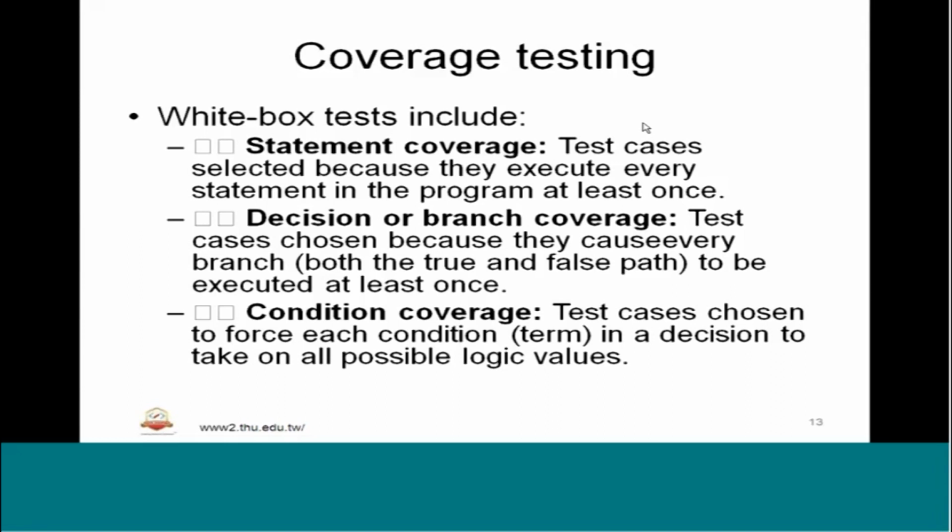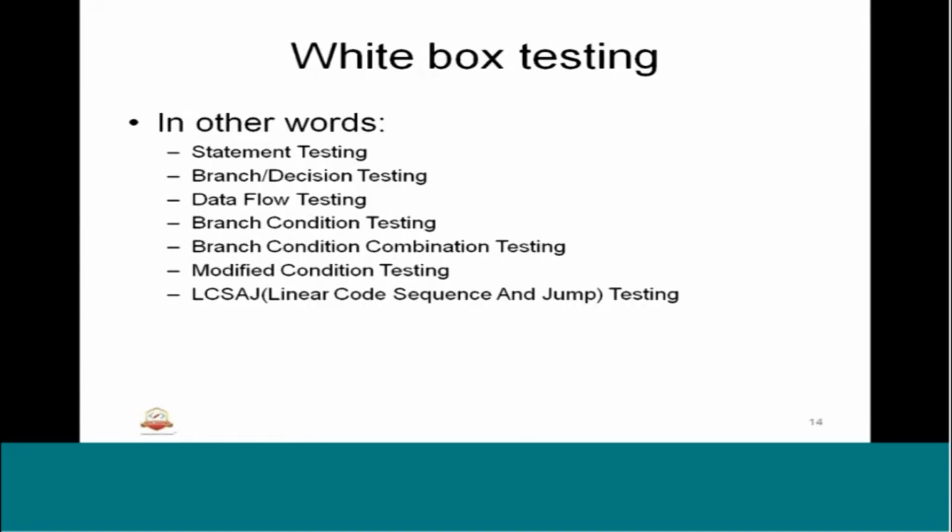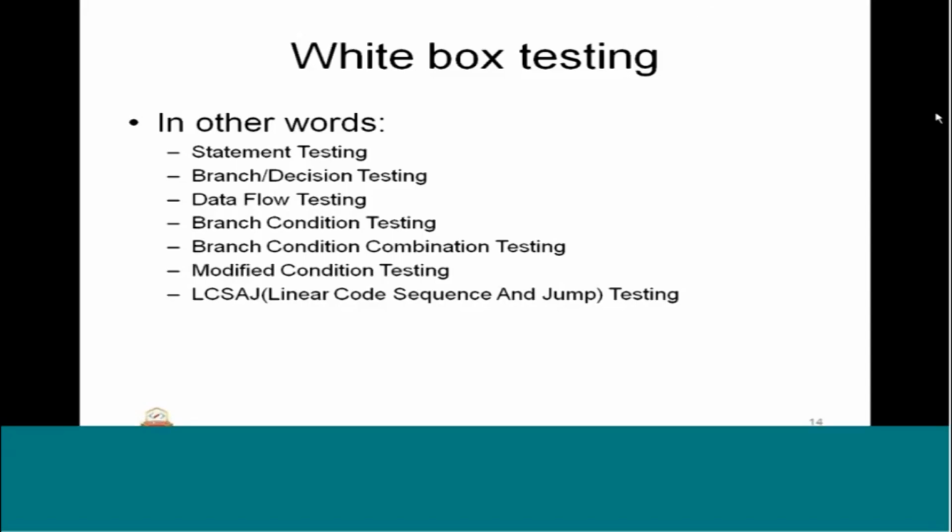Okay. So white box testing, in other words, what are the types of white box testing that we have? We have statement testing, where all the statements are to be executed, and we have branch decision testing, where each decision path and branch path needs to be tested.